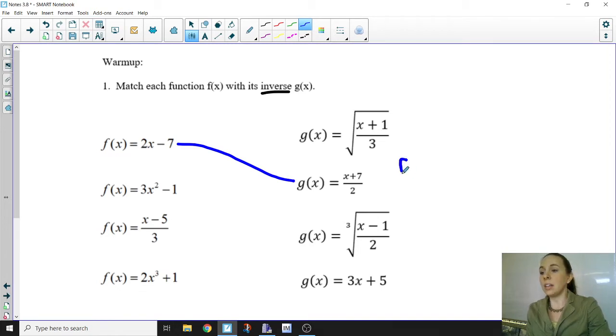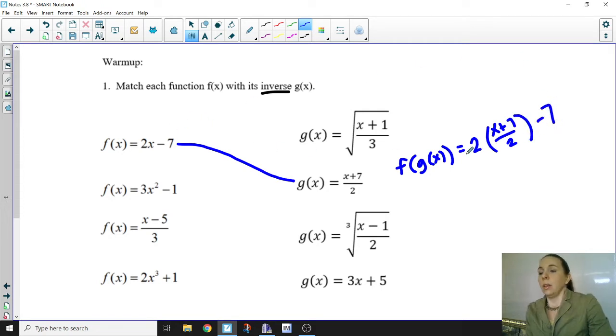So if I take f of g of x, that means this entire function is going to go right in there for the x in the f of x function. So it looks like this. There's minus 7, bring along. And I simplify that, I should get x. Do I get x? Yes, I do.